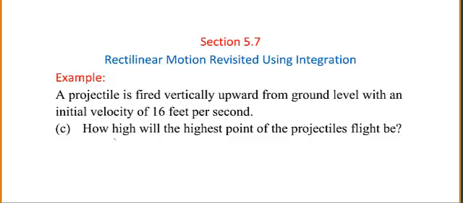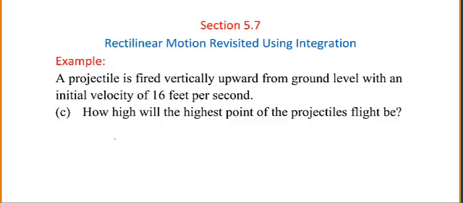At the time when the velocity is 0, it quits moving up and it's not quite moving down, so we're stopped for a moment at that highest point. So that's one way to think about it. Another way to think about it is this: we're trying to maximize the position. To maximize the position, I look for critical points. I look for where the position's derivative is 0. That means I'm looking for where the velocity is 0.